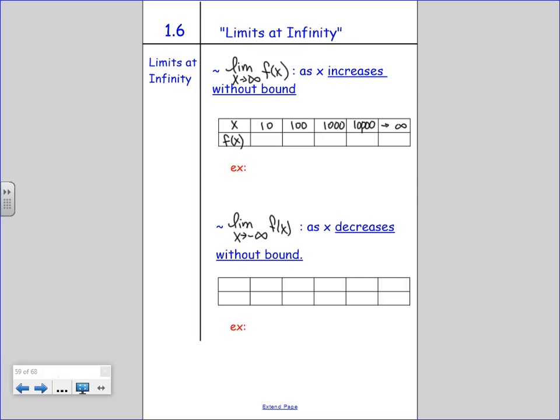Sounds funny because it's like at infinity as though we're getting there, but it's not really that we're getting there, it's more that we're going towards. Remember, infinity is an idea, it's not a number, so we're not ever arriving, but we're headed that direction. You guys can see how I approached infinity in the top table. How am I going to approach negative infinity? What do you think? Put a negative sign. Negative 10, negative 100, negative 1,000.